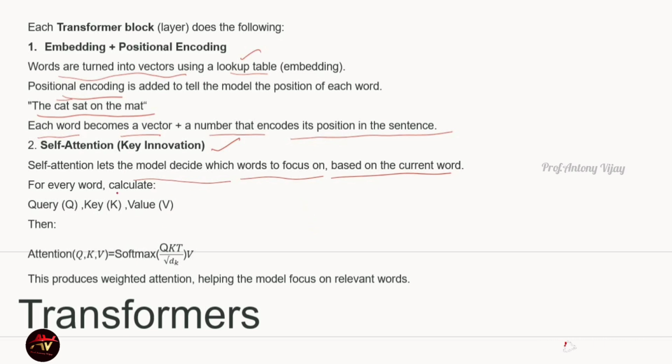For example, for every word we have to calculate Q, K, V, that is query, key and value. The formula is attention of Q, K, V equals softmax of Q K transpose divided by square root of d_k, into V. While applying this formula, we get some weightage for each word. So automatically the word with the highest weightage will come next in the sentence.